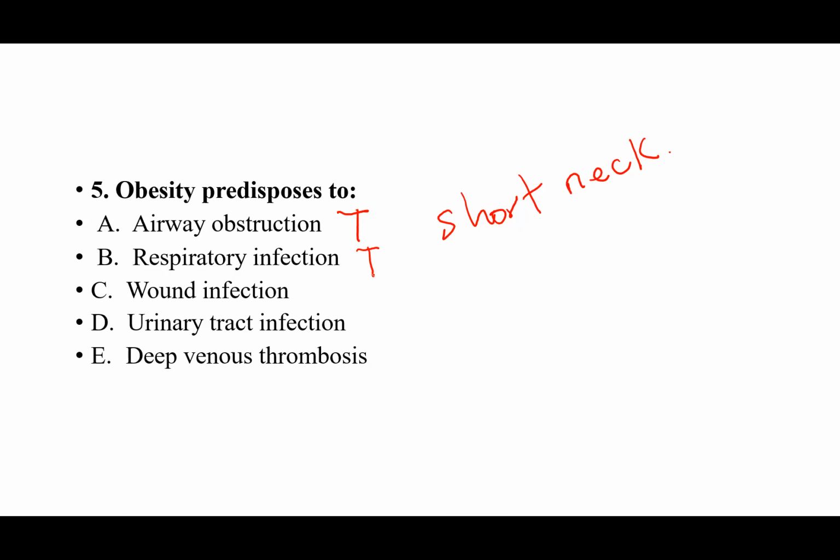Obesity is a risk for respiratory infection. Why is that so? Who said true? Why is this class not becoming a discussion class again?